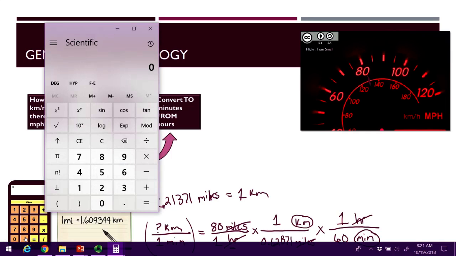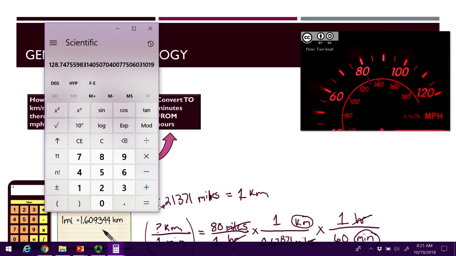So I'm starting with 80, and then I'm going to divide that by 0.621371, right? And if I go ahead and hit equal here, okay, I get 128 kilometers per hour, right? We were pretty close. And now my next step, I can just go ahead and multiply by 1, right?